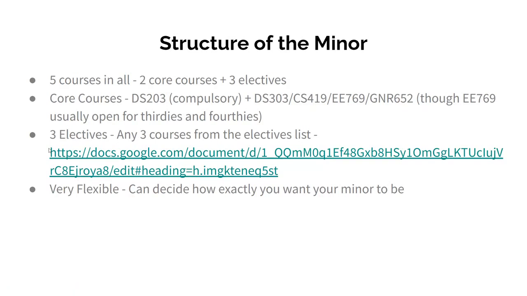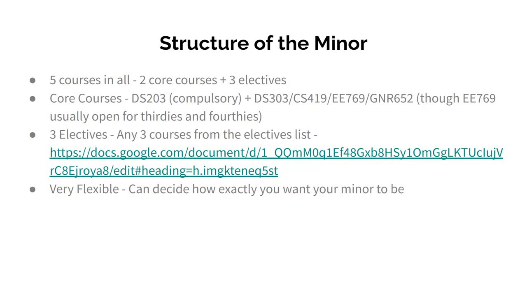Yeah, and coming to electives. How do you take these electives towards the AI minor? You'll have to take DS203 and DS303 during the pre-registration period. Once you've done these 2 courses and you want to take electives towards your AI minor, you'll have to register for these courses during the registration period and tag them as ALC.